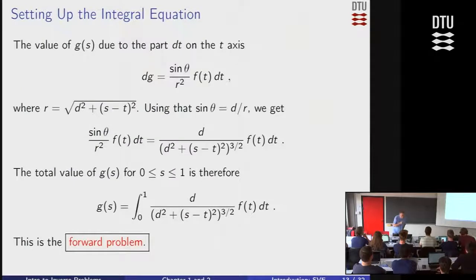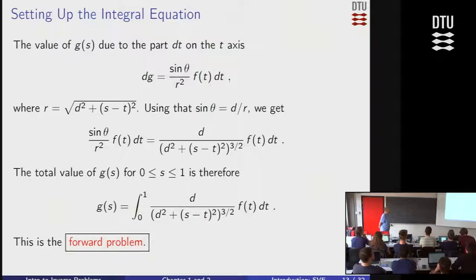So let's do that. If we have just a point source of mass distribution at point t, and that is f of t, then the corresponding gravitational field is given by this expression here.